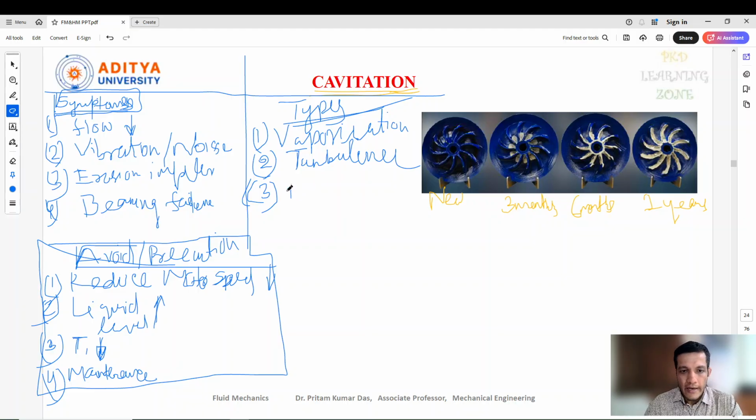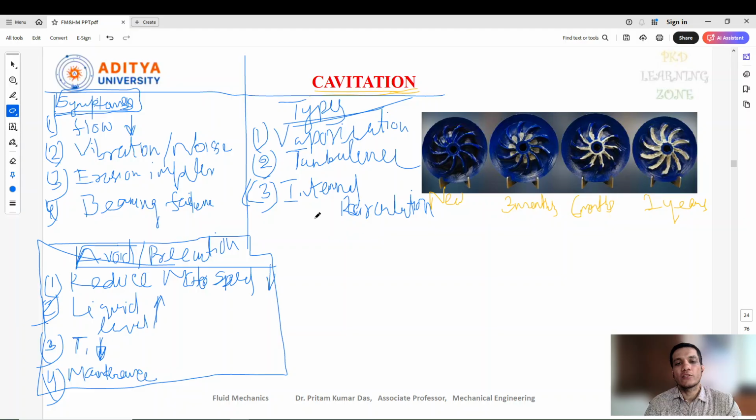Next, internal recirculation cavitation. Internal recirculation cavitation is nothing but when the pump is not able to deliver the total discharge of the liquid, then inside itself the water starts flowing among themselves, like it continuously flows in the pump itself.